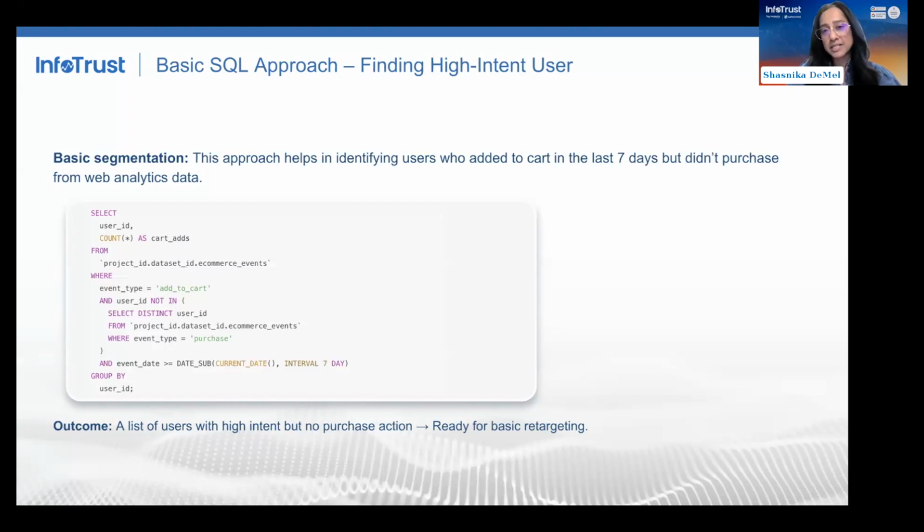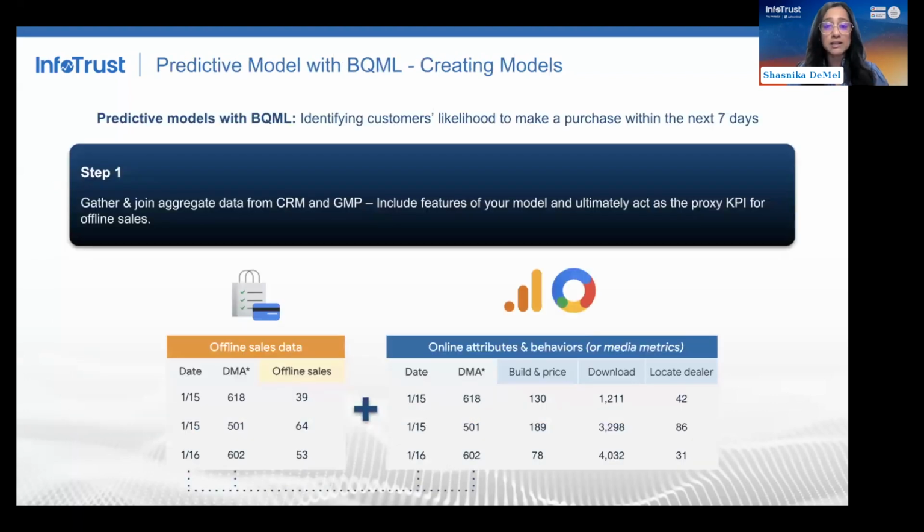And the best way to do this is by running a propensity model. And the best way to run a propensity model is to use BQML. So with BigQuery ML, you can start considering to build the propensity model that can score each user on their likelihood to purchase and then segment them into those three tiers.